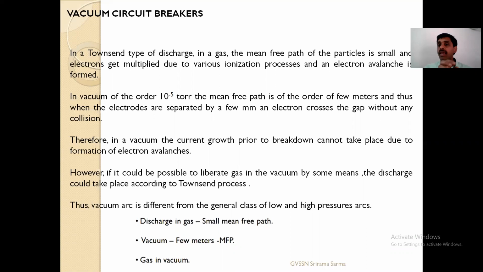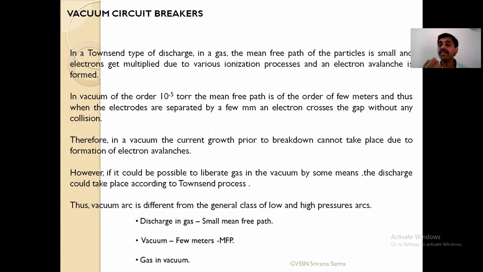If you take the vacuum, it has a mean free path of a few meters. You may observe, sir, only a 0.3 mm, 0.5 mm opening is there between the contacts. How can you say in meters? Yes, in terms of electron movement, you can say it is in meters, because they cannot collide with other molecules and no electron can be generated.